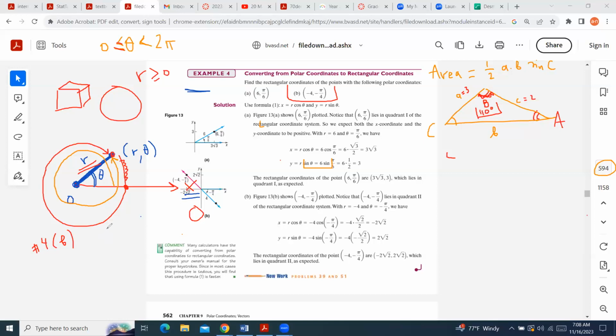So if you have a point in your polar coordinates that is described the following way, your R is -4, and your angle theta is -π/4.